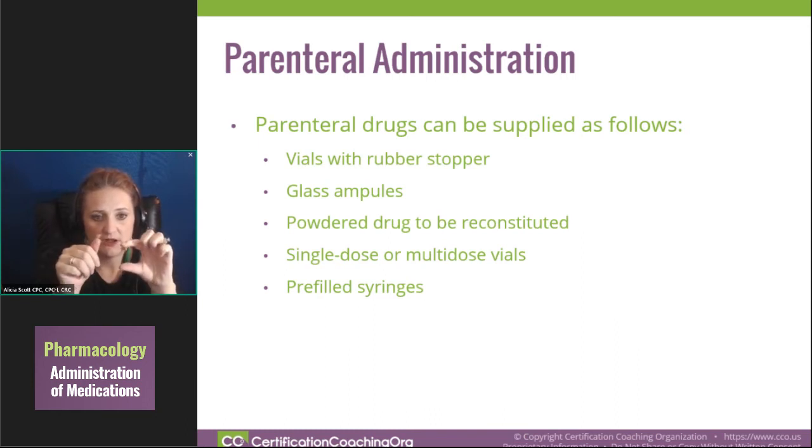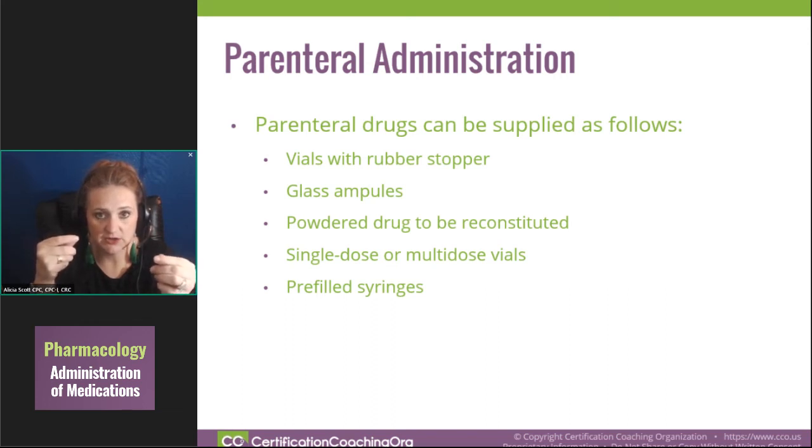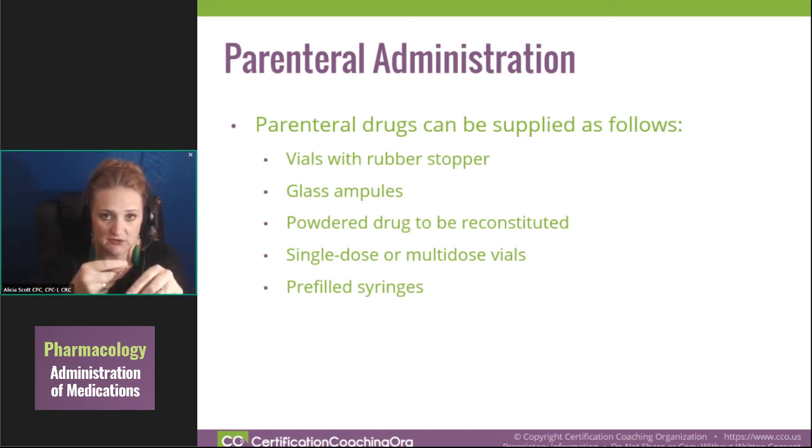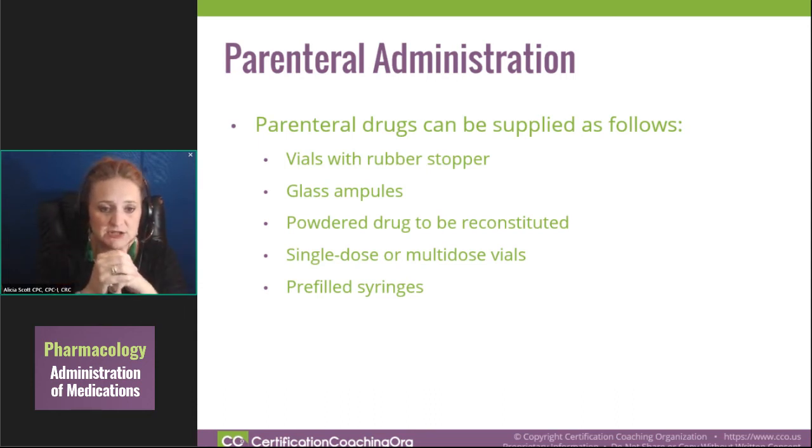So they'd have a little vial with powder in the bottom of it, and it tells you to put in, however, 5 cc's. You would draw up 5 cc's of the liquid that you're going to use, inject it into the vial, shake it up, draw it out, and then administer it. So it's powdered, and it doesn't go into effect until it's been reconstituted.